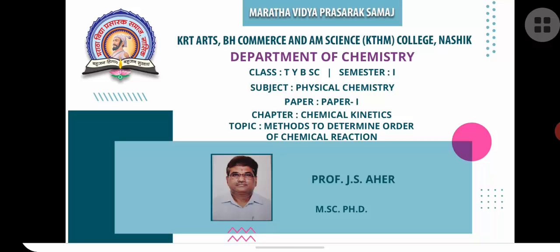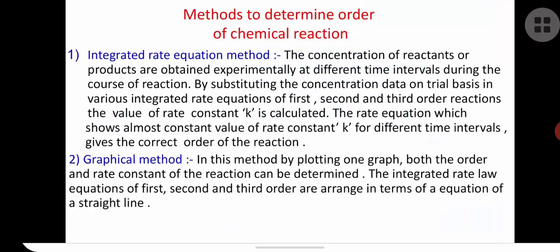Now, in today's lecture, we are going to discuss the next topic, that is methods to determine order of chemical reactions. In the determination of order of a chemical reaction, the role of each reactant is important.